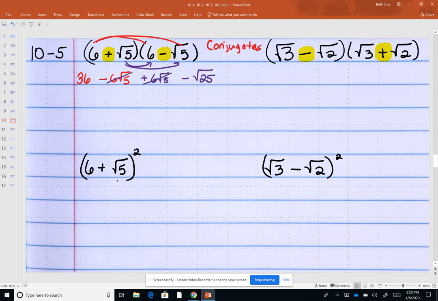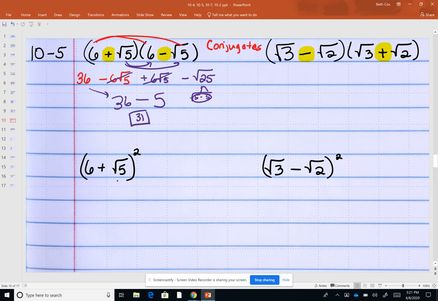The middles cancel just like normal. And then this one simplifies, and they both get out of the house, and I'm just left with a minus 5. A 36 minus 5, which is 31. So again, we just get a constant. No more radicals when we do conjugates.